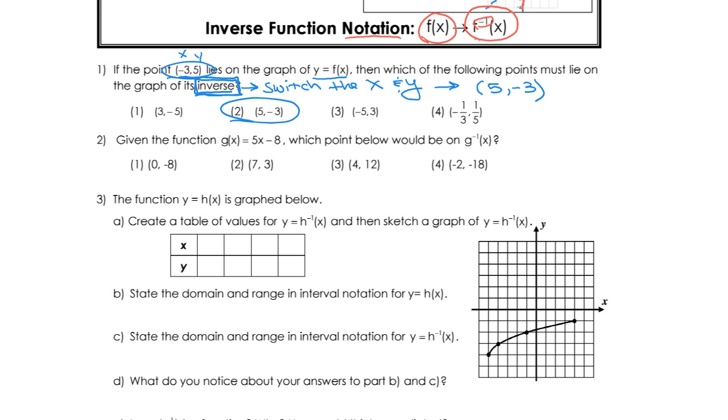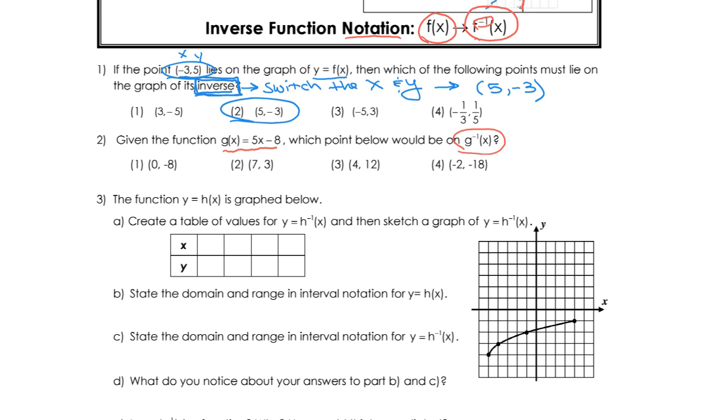Number 2, it says given the function g of x equals 5x minus 8, which point below would be on g inverse of x? Because we need a point instead of the equation, we're going to put the equation in y equals in our calculator. So go to y equals, put in 5x minus 8, and then hit second graph.